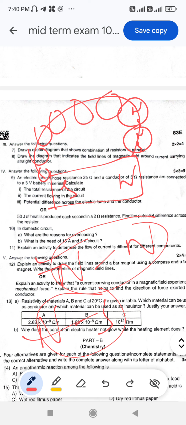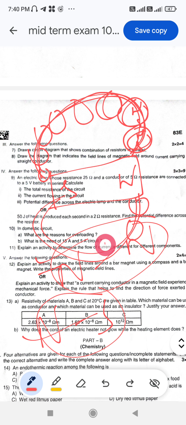Like this we keep the magnetic compass near the bar magnet, and we will see the direction of the magnetic field line around the bar magnet, from the north pole to the south pole. It will be observed like this. On the downside also it is moving like this, while we place the compass needle, right.